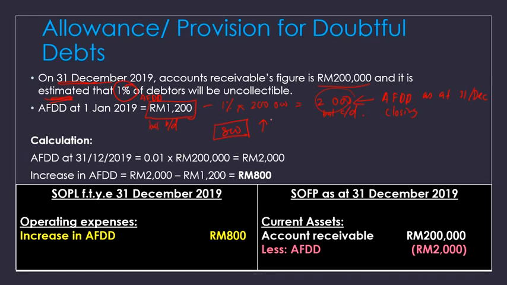Why expenses? Because it should have been account receivable that we get. But now we estimate that we will not get it. When we will not get it, that is an expense to the company. So you must remember that an increase in allowance for doubtful debt will be treated as your expenses. So you directly put it in the SOPL under expenses, because we have declared it as an expense. The increase in AFDD will be under expenses as 800.